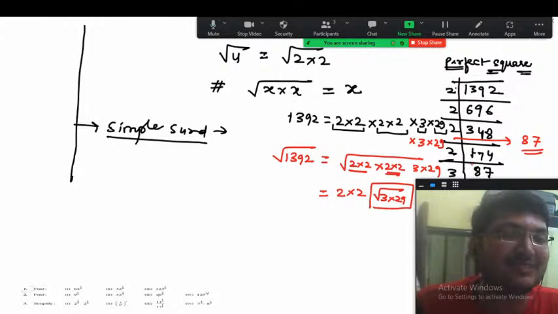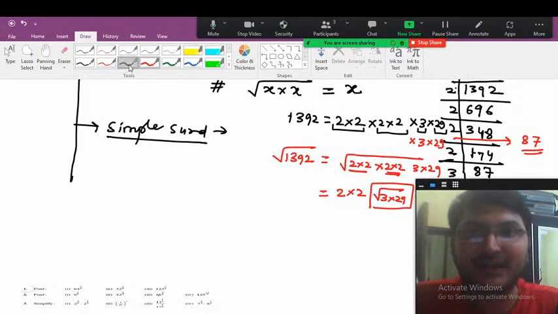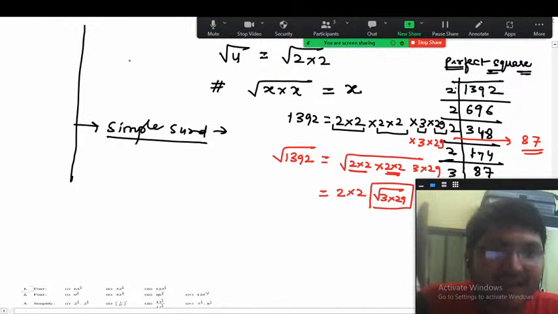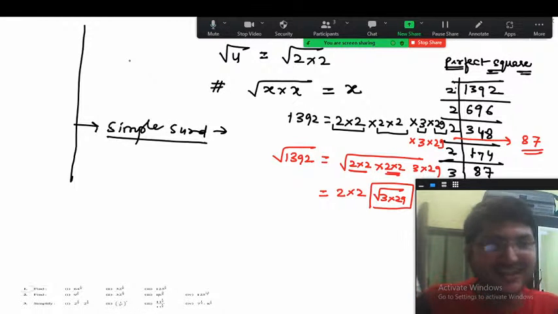If all of the numbers are in their pairs, you will get a perfect square. Got it? Yes. Okay, I think you must be okay with this now. In order to make any number a perfect square, all the primes involved must be in pairs. None of them should be single.